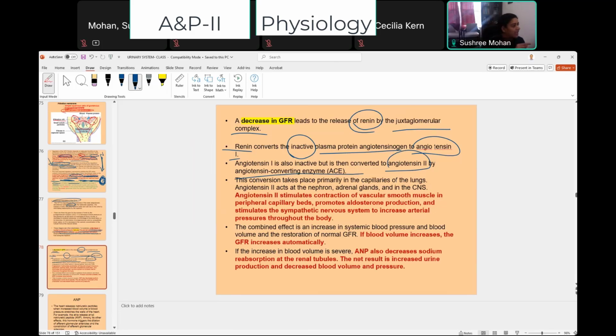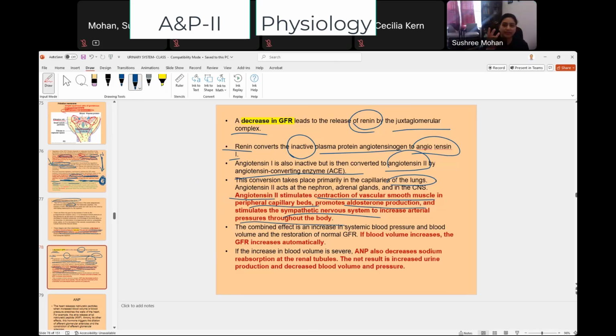With the help of ACE, the inactive angiotensin 1 is converted into active angiotensin 2. This conversion takes place in the capillaries of the lungs. Angiotensin 2 causes contraction of smooth muscle in the capillary bed, promotes aldosterone production, and triggers the sympathetic nervous system so that the blood pressure will increase.